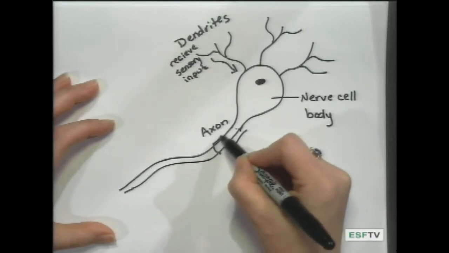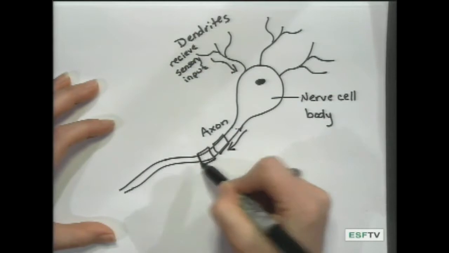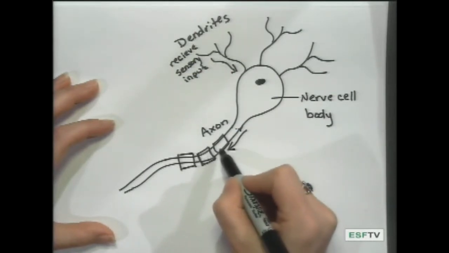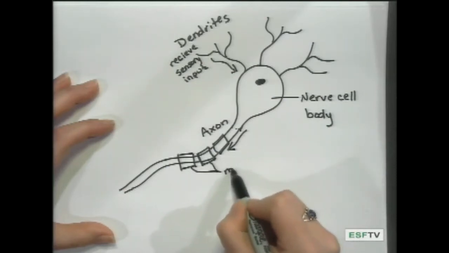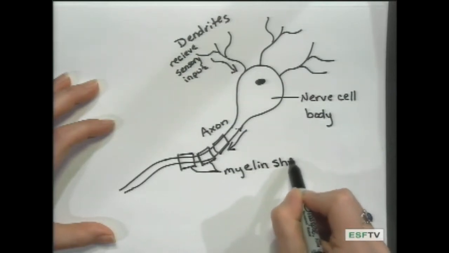Along the axon, there are structures that shield and protect the axon, and this is called a myelin sheath.